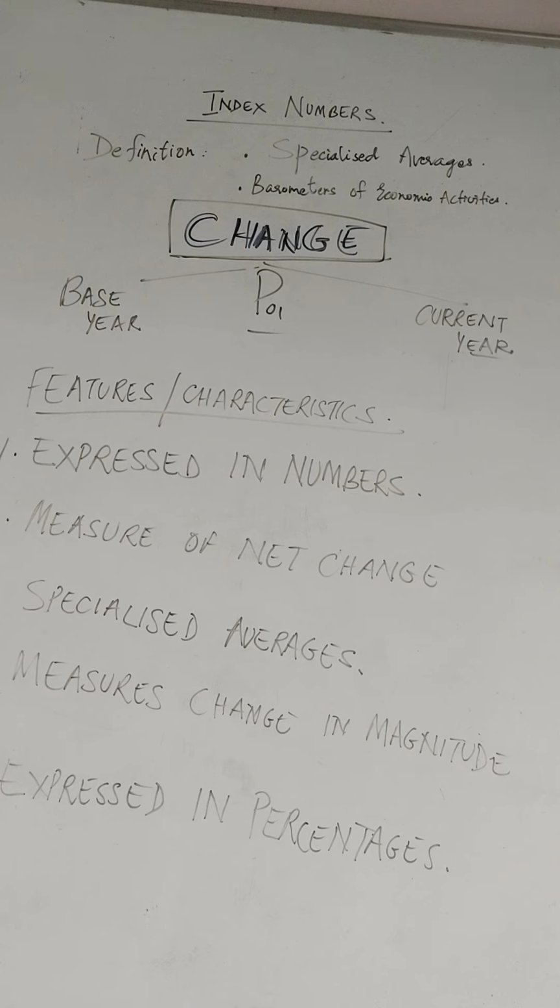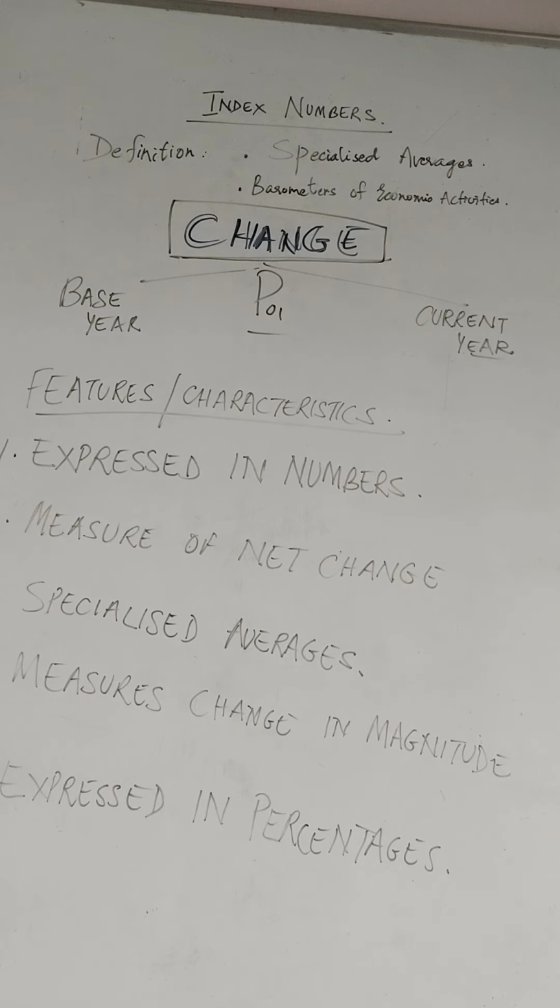We can only study relative changes by studying the variations in some other factors which affect it. So index numbers become a basis for comparison, facilitating a comparative study over different magnitudes and different time periods.